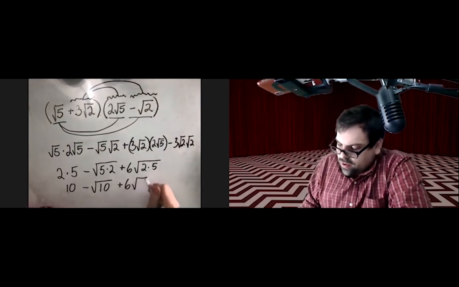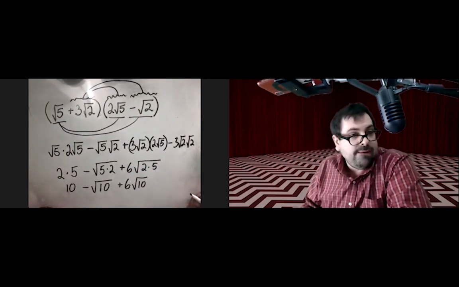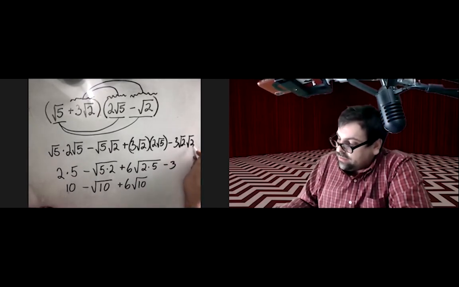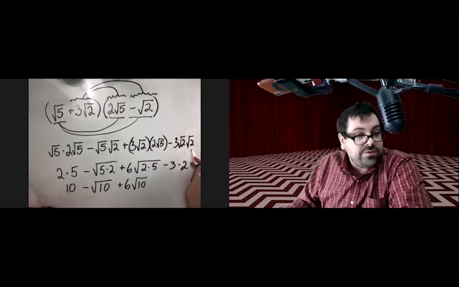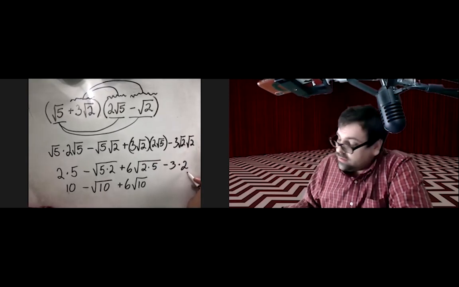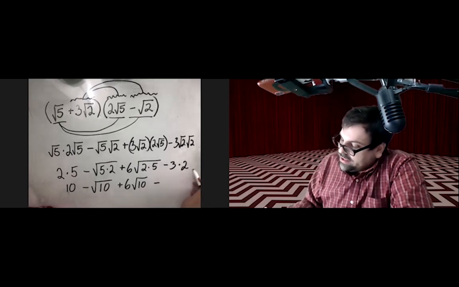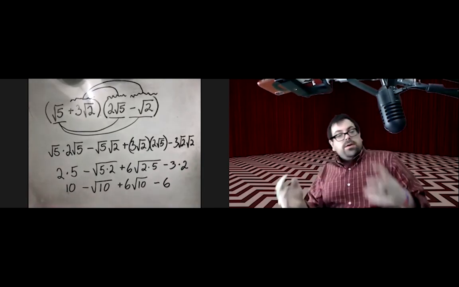So plus 6 radical 10. Minus 3, and then radical 2 times radical 2 is just 2, because a radical times itself just leaves us with what's underneath the radical. So minus 3 times 2 is minus 6.